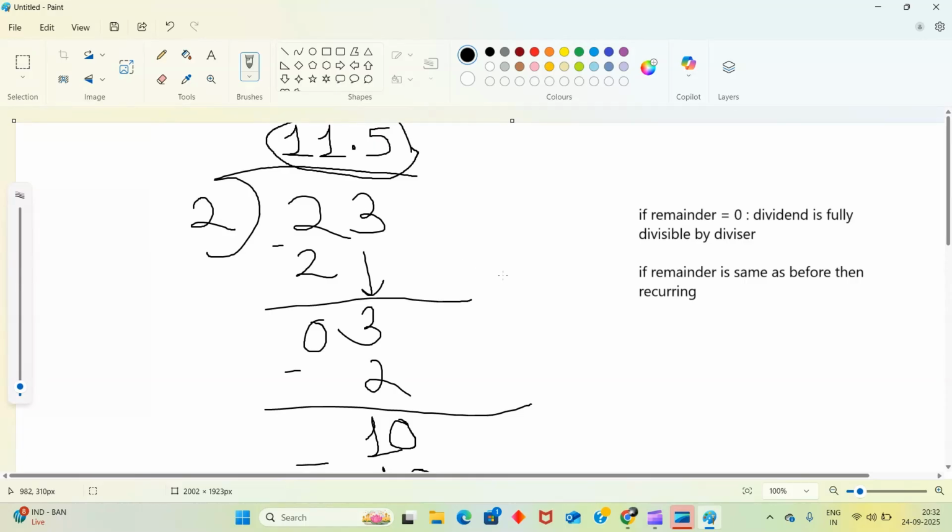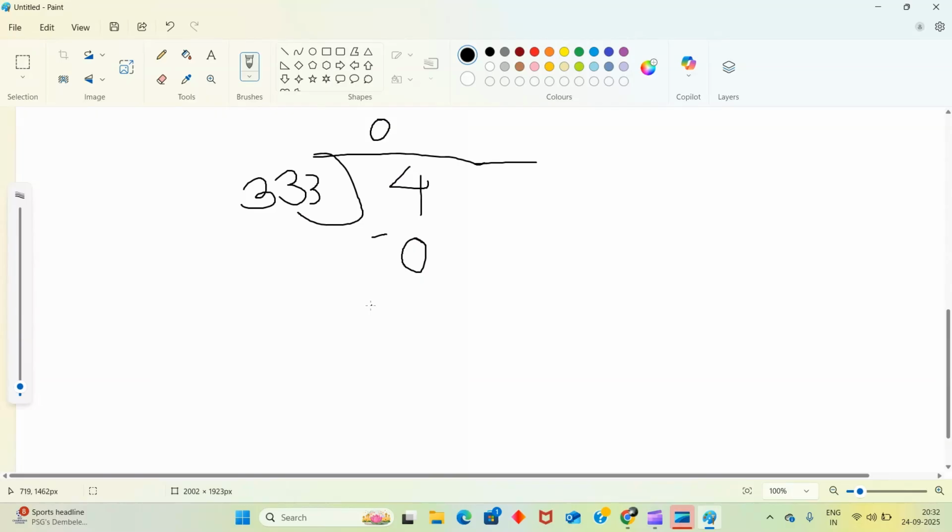Now, when do I get recurring? Let's take the example given in the question, 4 and 333. First, 4 is not divisible by 333, so I'll take 0. Now this will be 0, minus 4. Now we'll add a point and take 0 here.